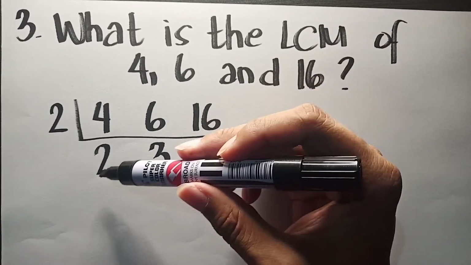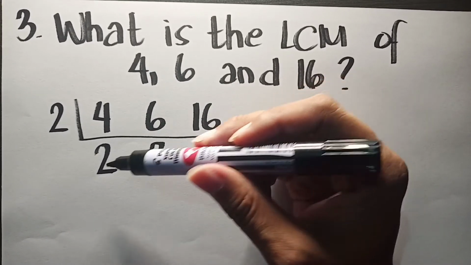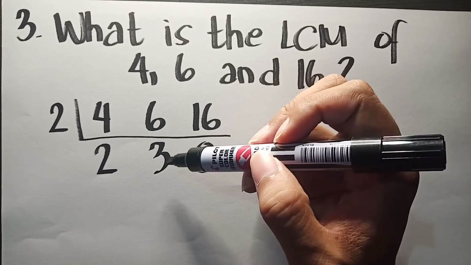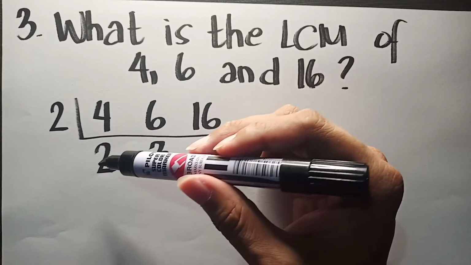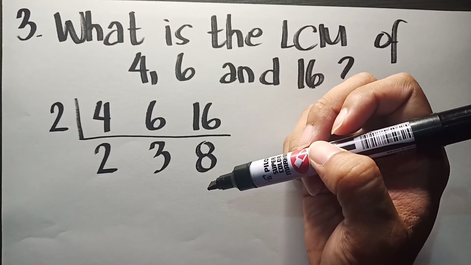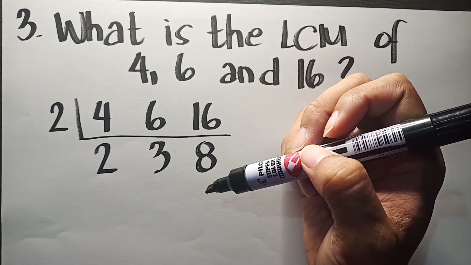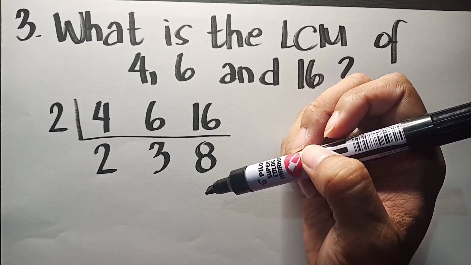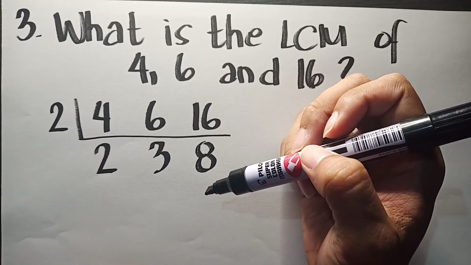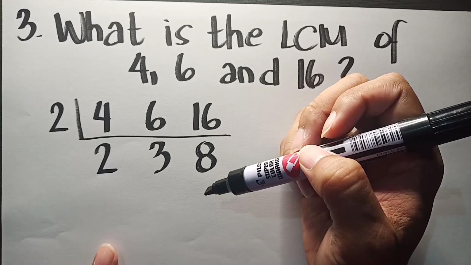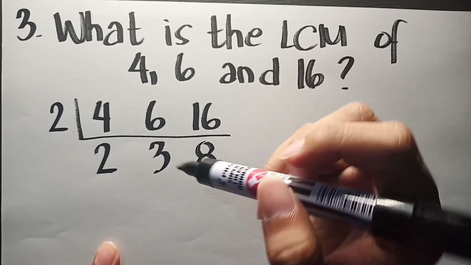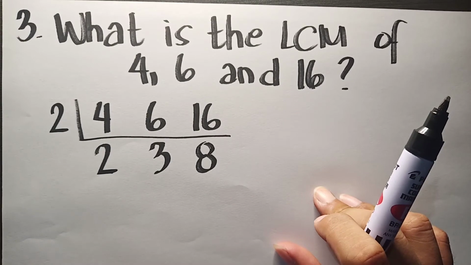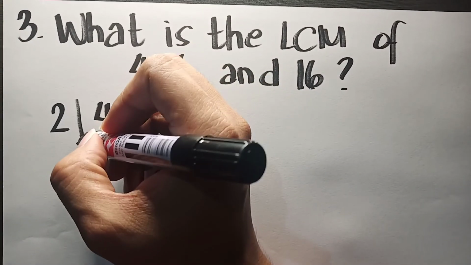So as we can see, 2 and 3 have no common factor aside from 1. The same with 3 and 8. But 2 and 8 can be divided by a common factor. So as long as we have at least two numbers that can be divided from the given, we can continue the division.